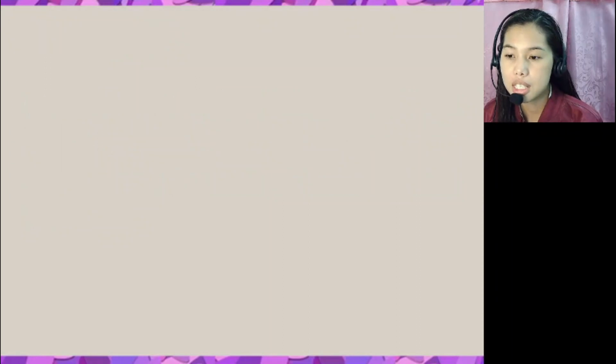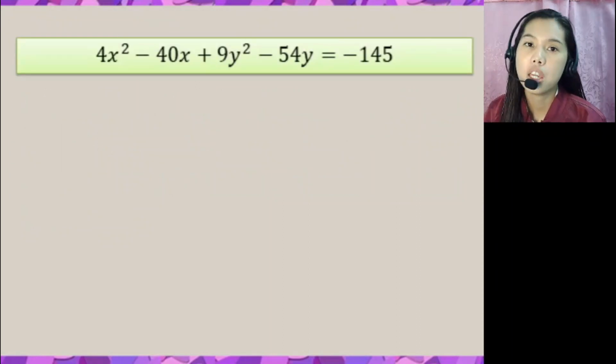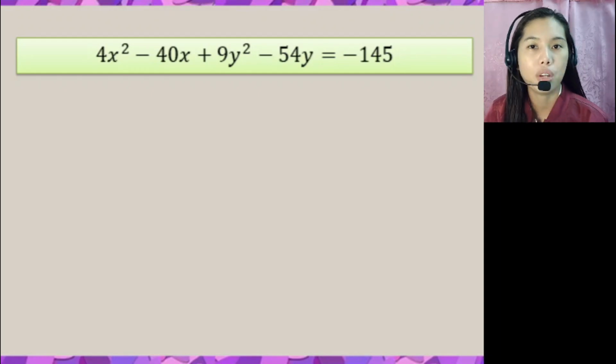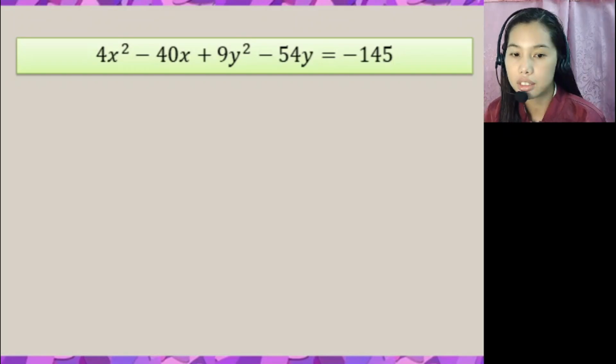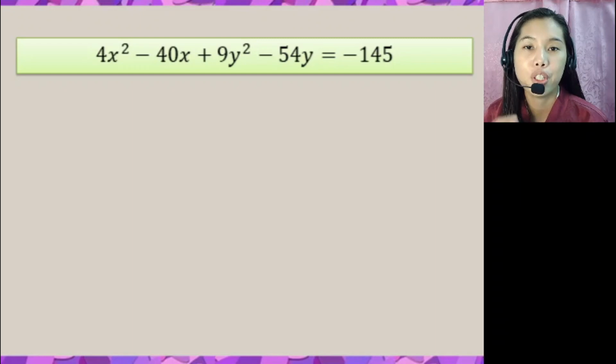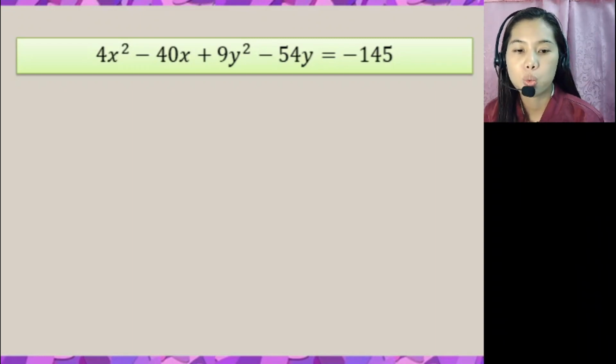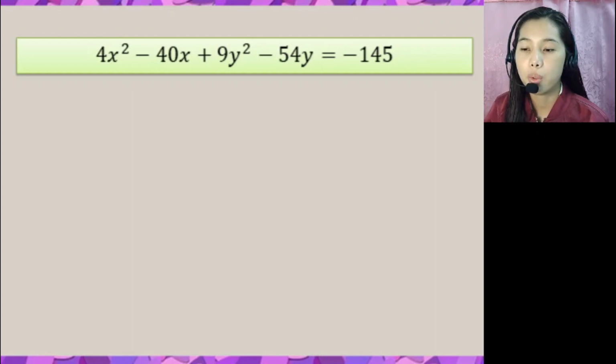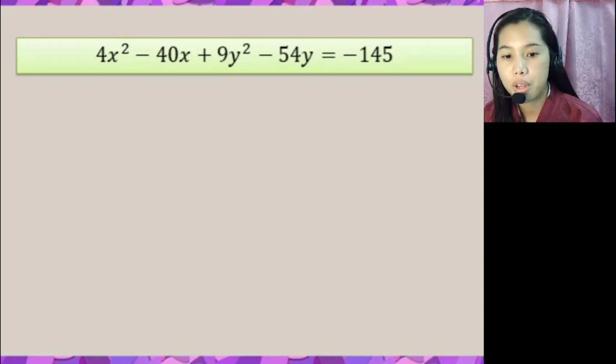To do this, we will be using your past knowledge of completing the square. So we'll have to complete the square of y, and then complete the square of x. With this, if you have noticed, we already transferred the constant to the other side. So that gives you 4x squared minus 40x plus 9y squared minus 54y equals negative 145.